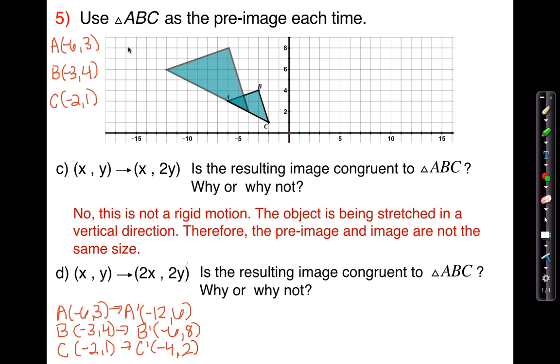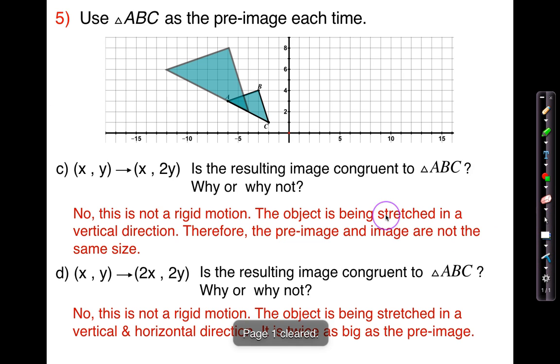For those reasons, I'm going to go ahead and say that no, it's not a rigid motion, and for those reasons, it's not congruent because the object is being stretched both vertically and horizontally, and it's basically double the size of the original image, which makes sense because we did double the x and we did double the y.